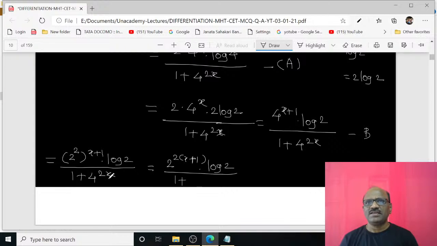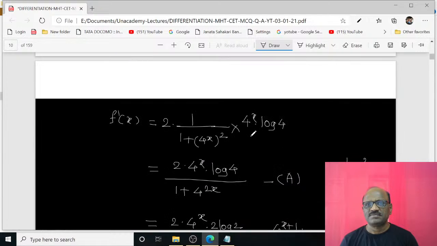Again 4 means 2 raised to 2, so we will get 2 raised to 2 whole bracket raised to 2x. Then it will become 2 raised to 4x, and this is nothing but option D. I think that it is the last one. Option D is here.